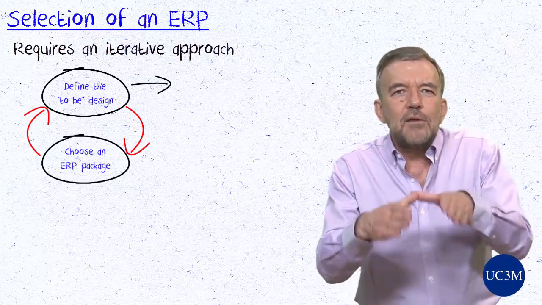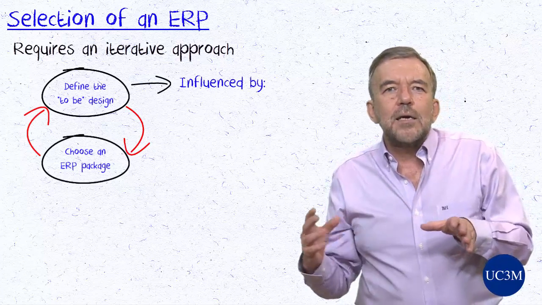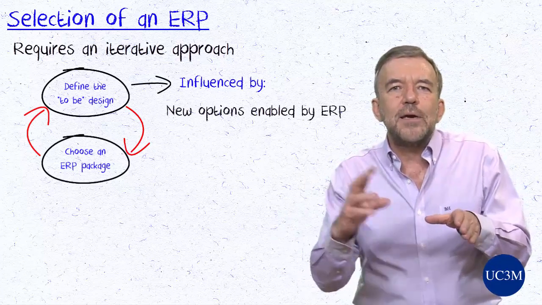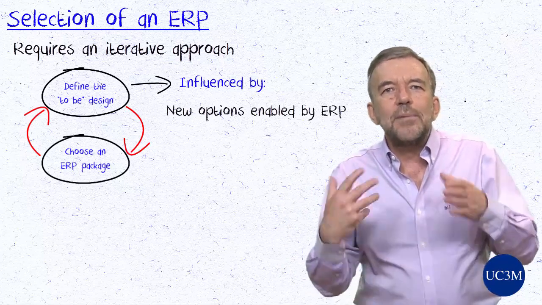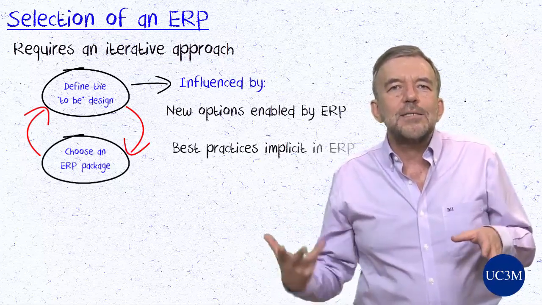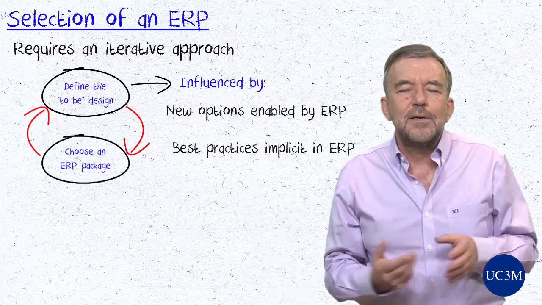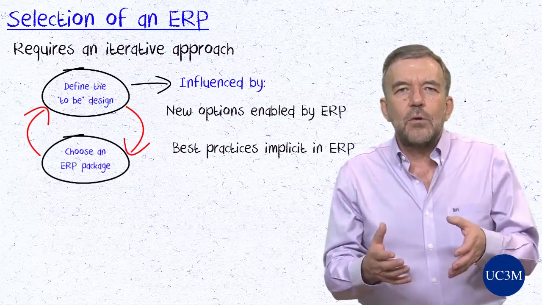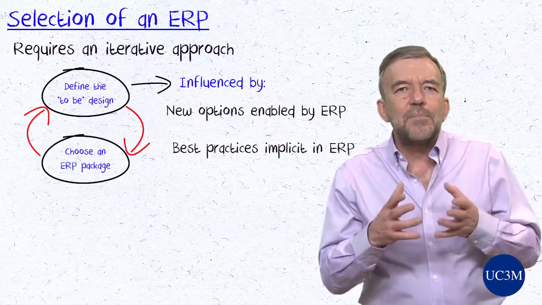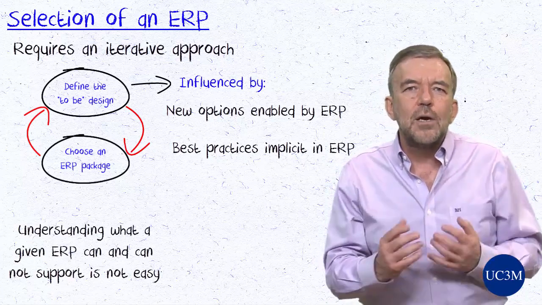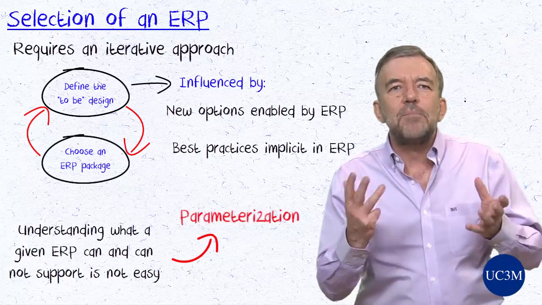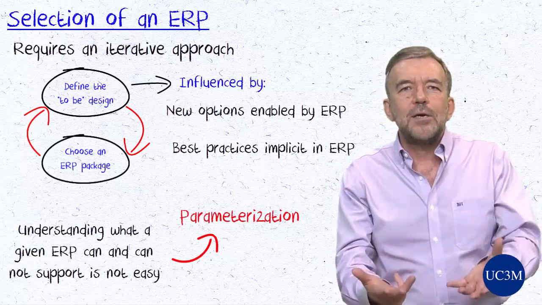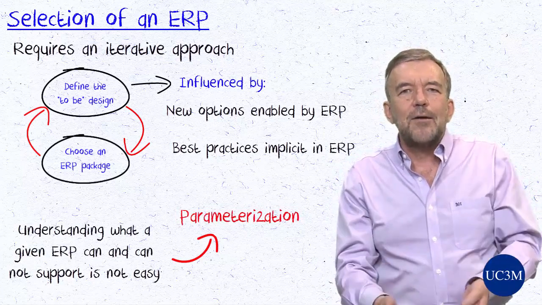It might be influenced, as discussed, by new options being enabled by the ERP implementation and also by the opportunity to capitalize on the best practices implicit in its design. Furthermore, understanding what a given ERP can and cannot support is complicated by the substantial parameterization capabilities offered by the major ERPs, as we shall explain now.